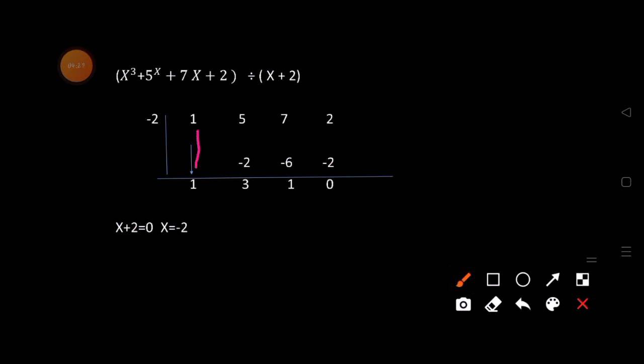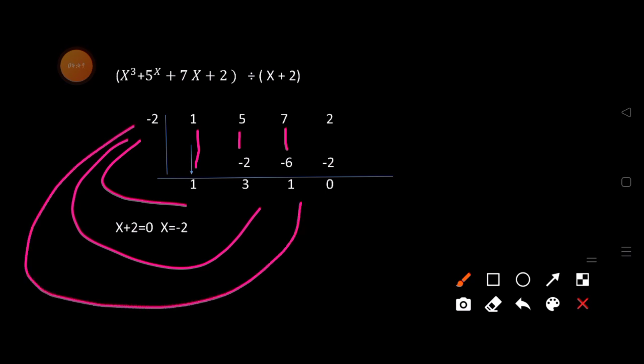Bring down positive 1, multiply by negative 2, which is negative 2. Positive 5 minus negative 2, the answer is 3. Multiply by negative 2, the answer is negative 6. So 7 minus negative 6, the answer is positive 1. Multiply it again by negative 2, the answer is negative 2. Positive 2 minus negative 2, the answer is 0.